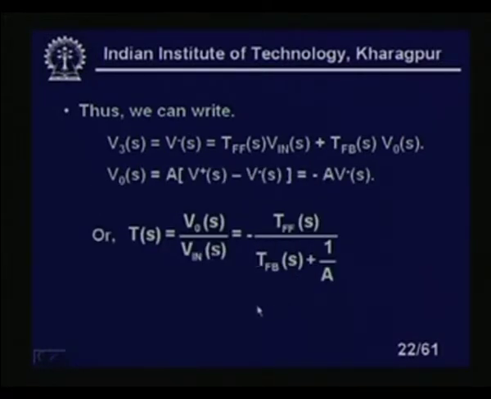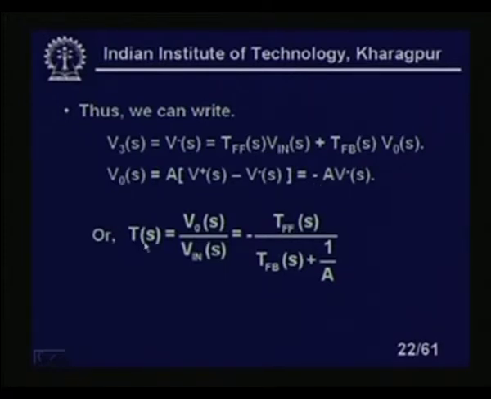So, V0(s), the output voltage obviously, equal to the gain of the op amp multiplied by the difference of the two inputs, which is V plus (s), and since V plus (s) is 0, being connected to ground, it is coming minus A V minus (s).